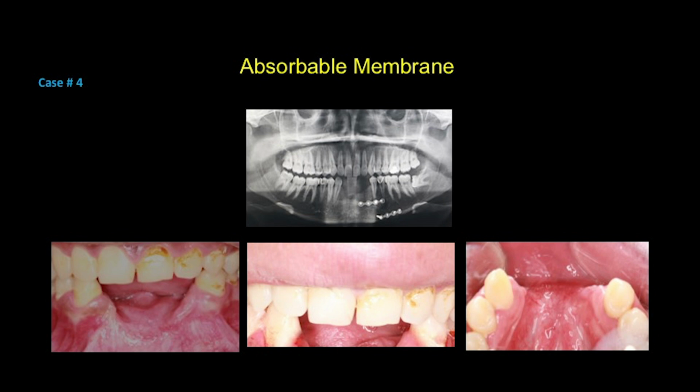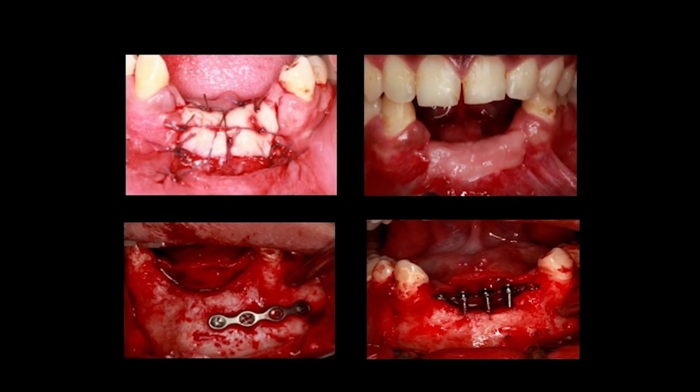This is a case where the patient lost all the teeth together with the bone in an accident. He came with no tissue and no bone, with vertical bone loss, and this is how it looked at the beginning. First of all, we did FGG to augment the soft tissue.